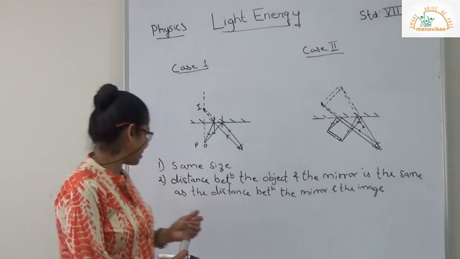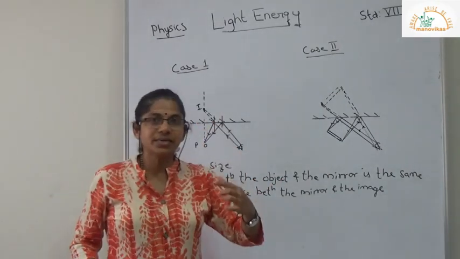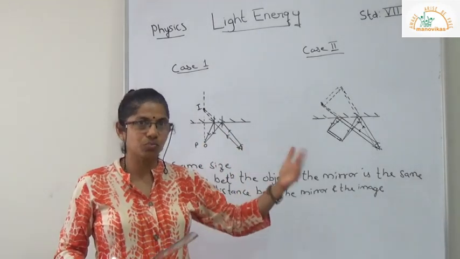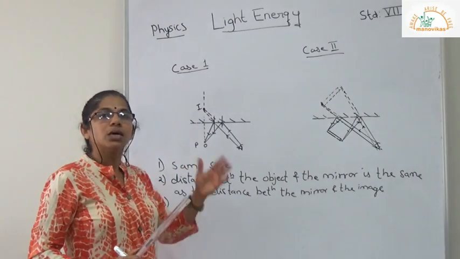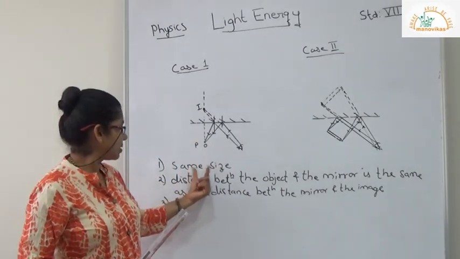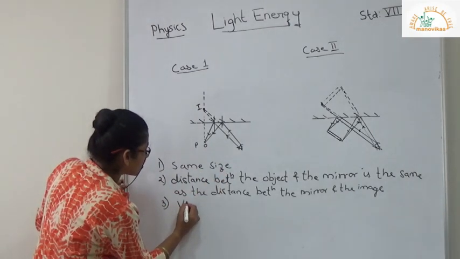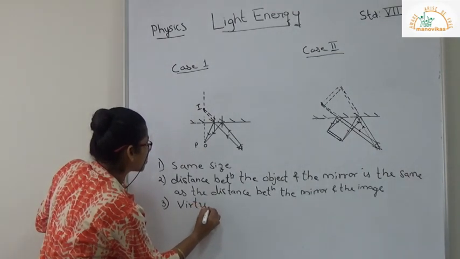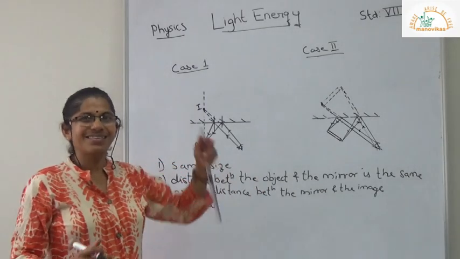The third characteristic is the image will be a virtual image. Now what is a virtual image? I'll come to that about virtual and real images. Virtual, it is, as I said, of the same size. So it is something which is virtual, not real. Which is not real. And it is just an illusion.